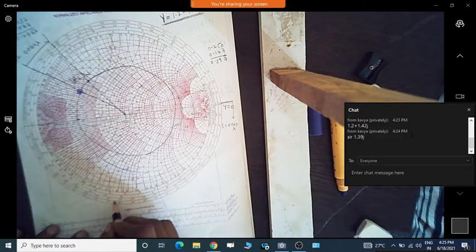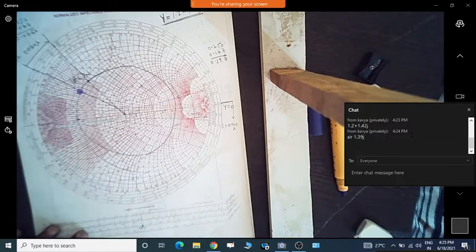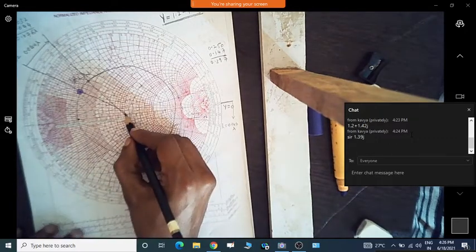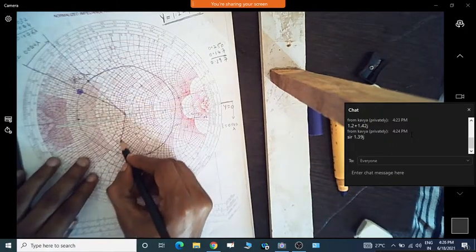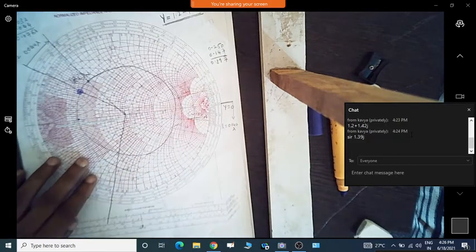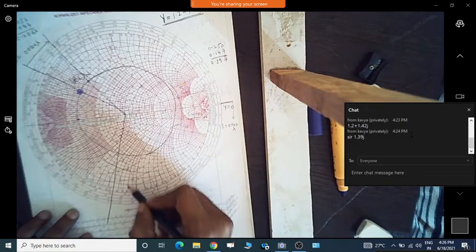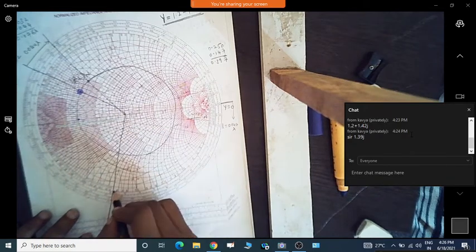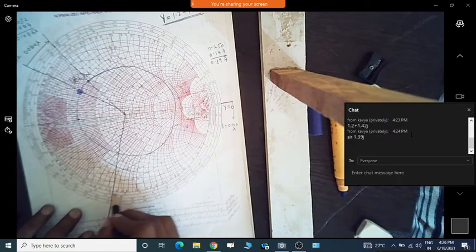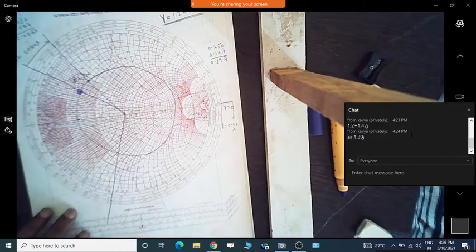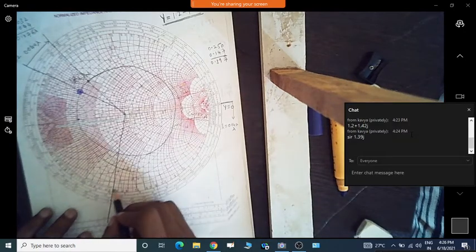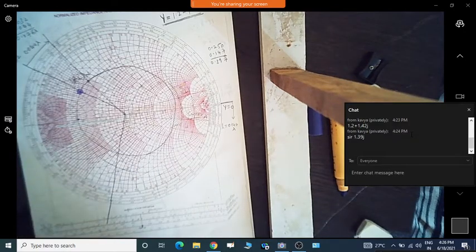Now see where the 0.397 is. Here it is, somewhere here. Now take that value and draw a line, and see where the susceptance circles meet this point. You can see maybe 1.2 or 1.4, something like that.